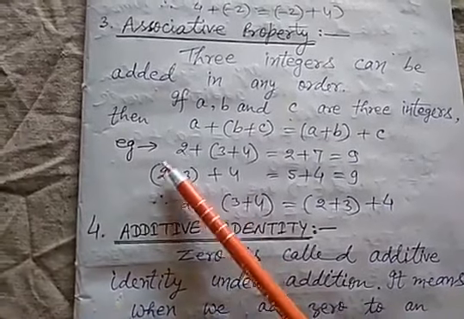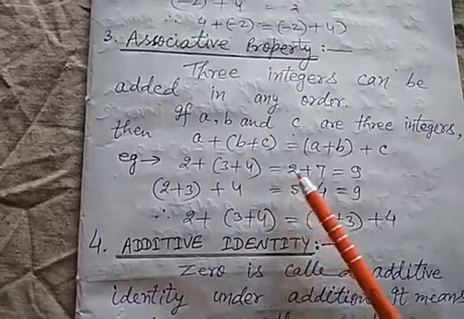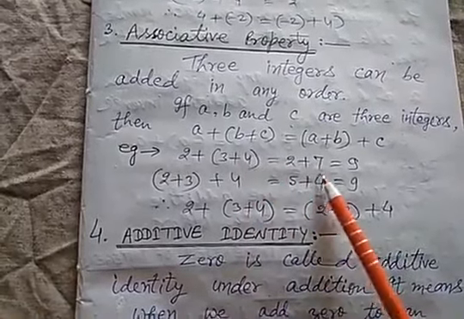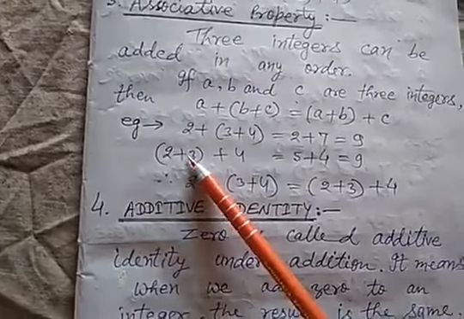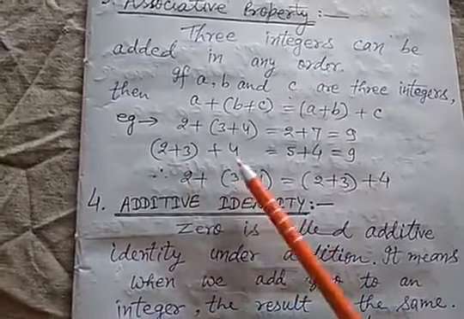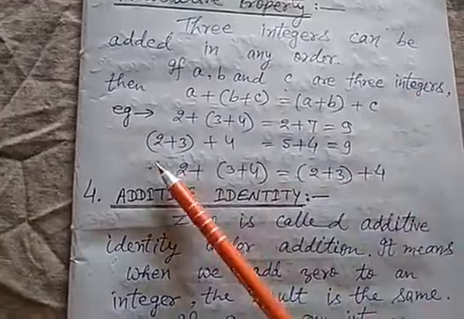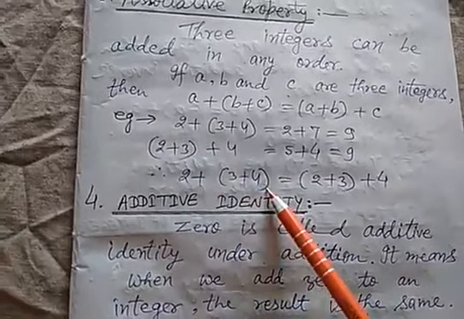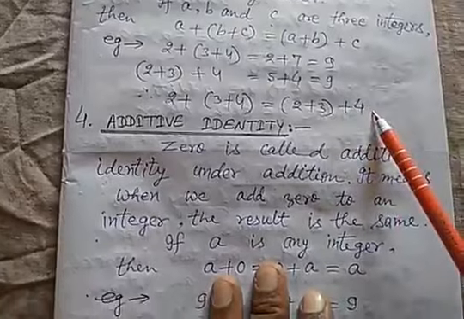For example, 2 plus (3 plus 4) is equal to 2 plus 7 is equal to 9, and (2 plus 3) plus 4 is equal to 5 plus 4, which is equal to 9. Here the results are the same. Therefore, 2 plus (3 plus 4) is equal to (2 plus 3) plus 4.